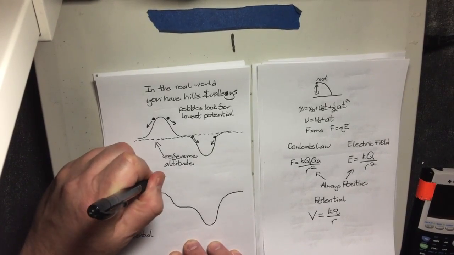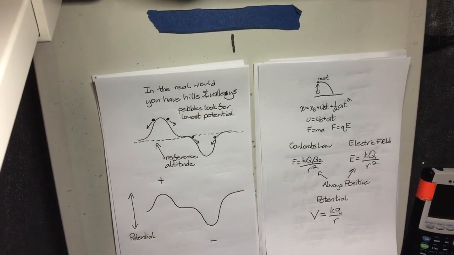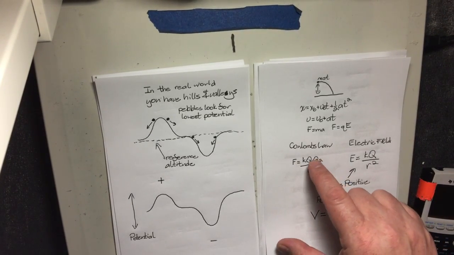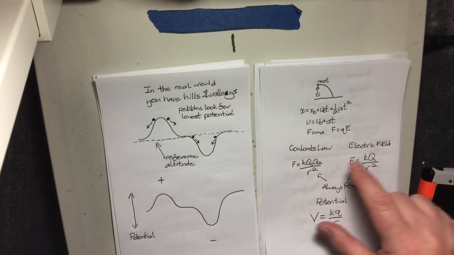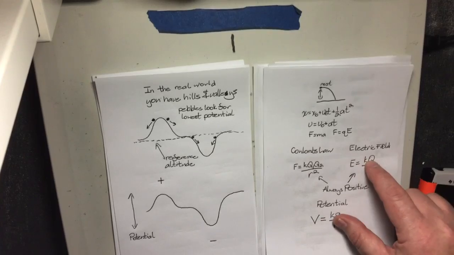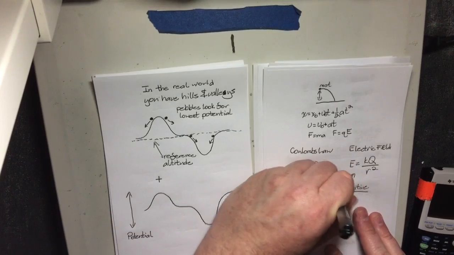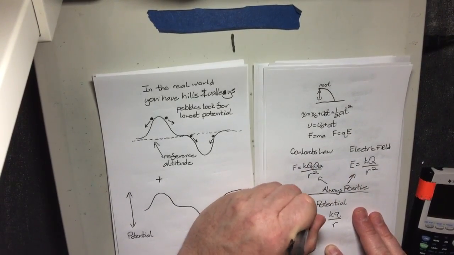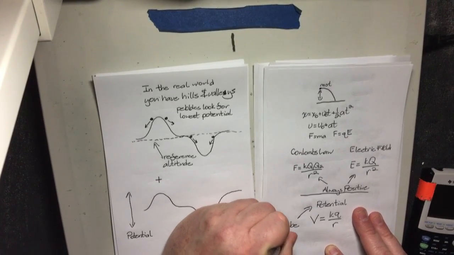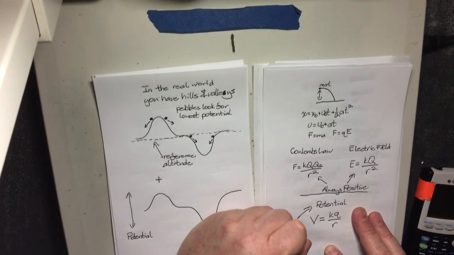High potential, positive charges. Low potential, negative charges. Here in Coulomb's law, positive and negative, only the positives are allowed. For potential, draw a line. Potential can be positive or negative.